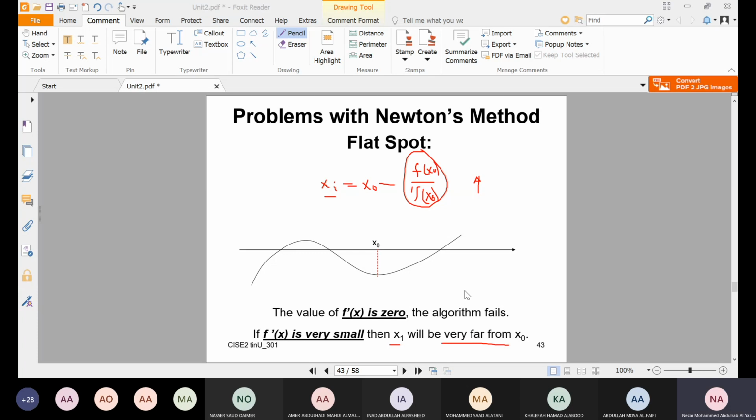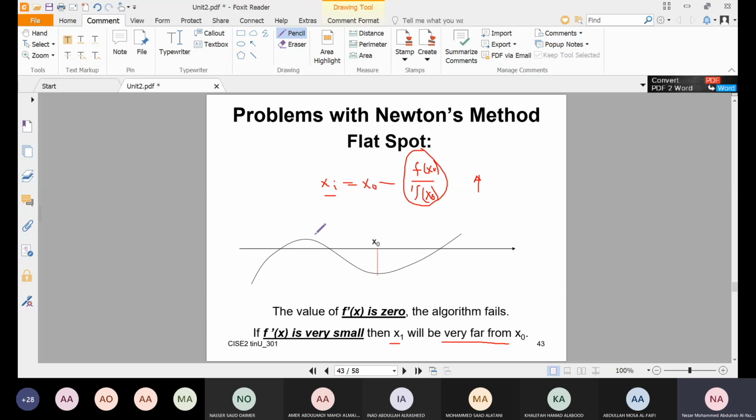Okay, so we have different problems with the Newton method, and the last one we might say is that sometimes the algorithm oscillates, rotating between, for example, the two roots. For example, if we have a function like this one, we guess from here, it will come to this point, and we also estimate like this one.